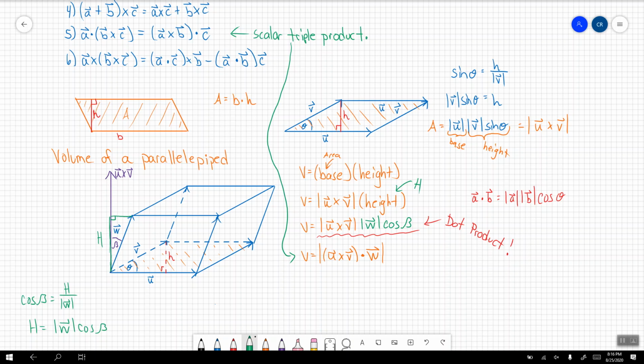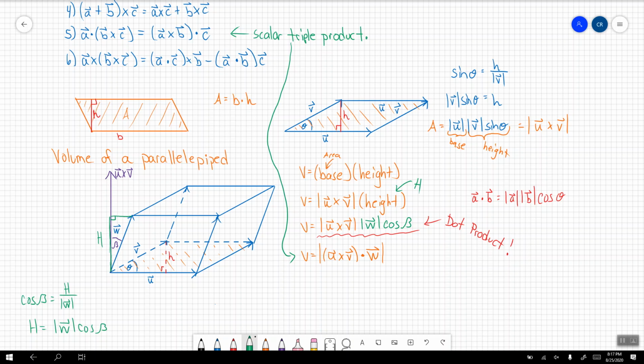Now, if we were asked to find whether three vectors are coplanar, meaning are three vectors on one plane, what would happen to the volume of the parallelepiped if vector w was on the same plane as vectors v and u? Well, the volume wouldn't exist. In other words, the scalar triple product would condense down to 0.